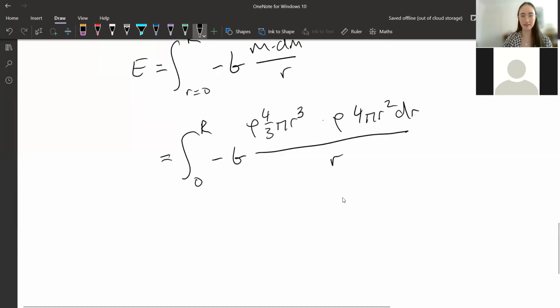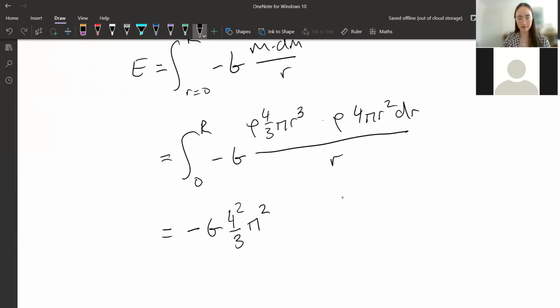And we'll take the constants out the front so we can see what kind of integral we're actually working with. And so that's -g 4 on 3 pi. We can put some squares there because there's quite a few of those.